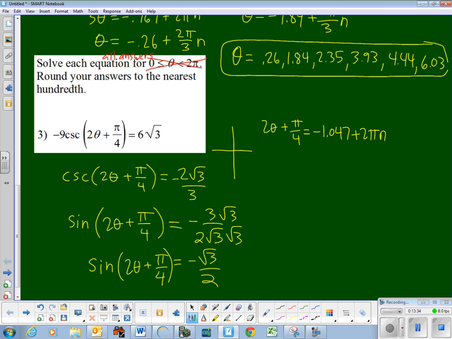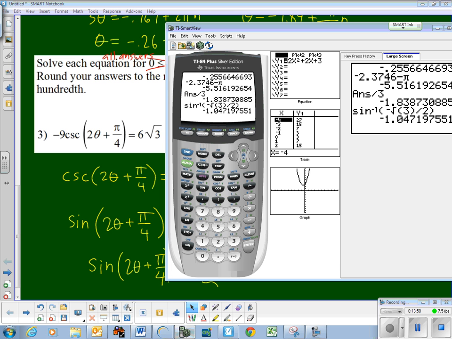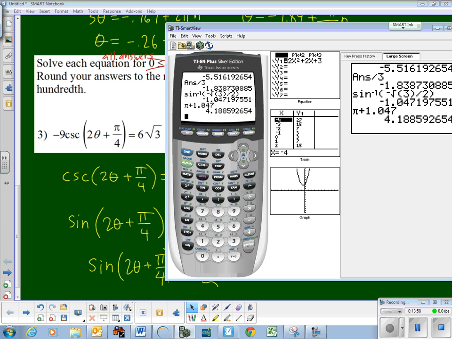Let's see, that's down here. And the sine's going to have the same value over there. So that's going to be 180 plus, or in this case, pi plus 1.047, which is 4.189.